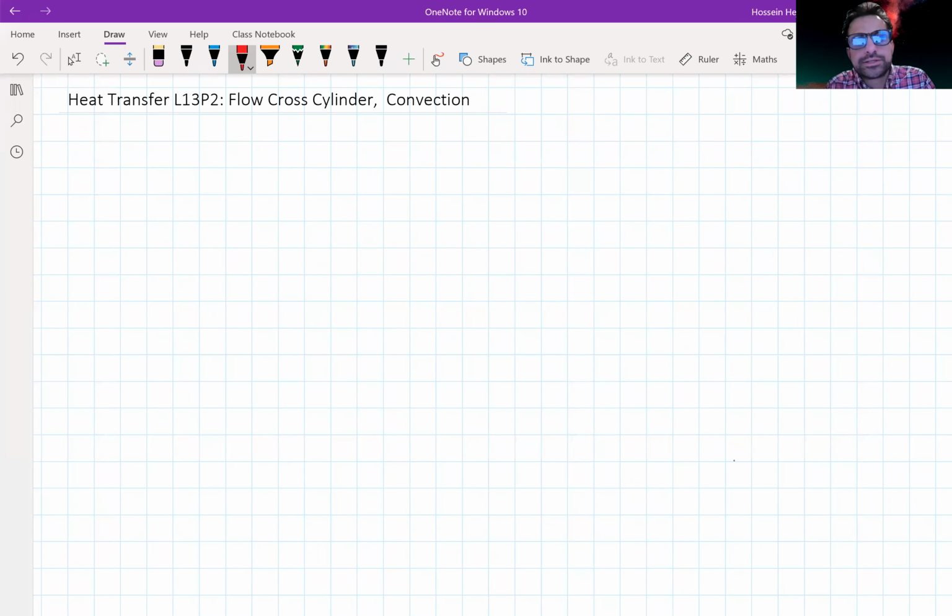Let's look at the overall heat transfer coefficients for flow across the cylinder.